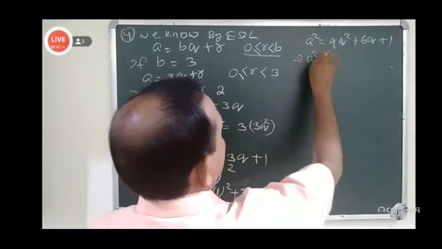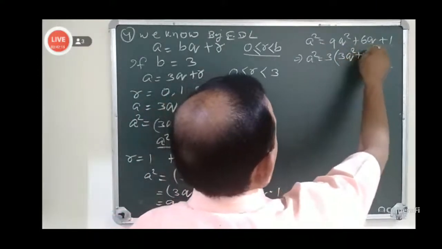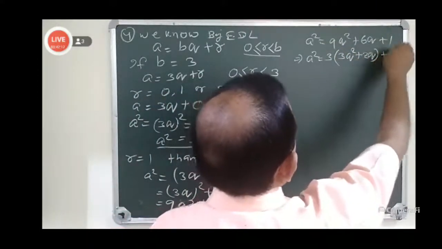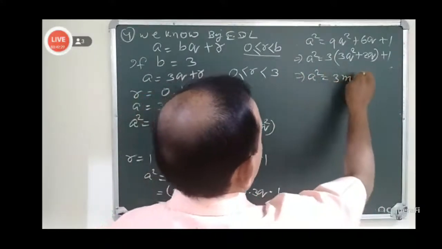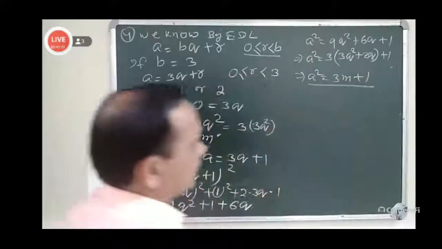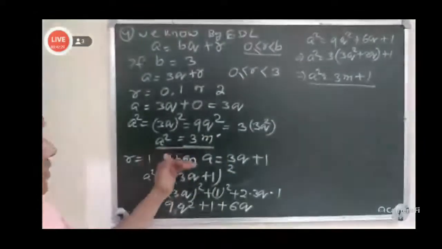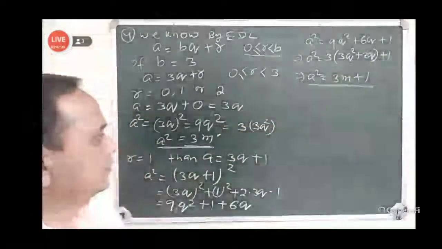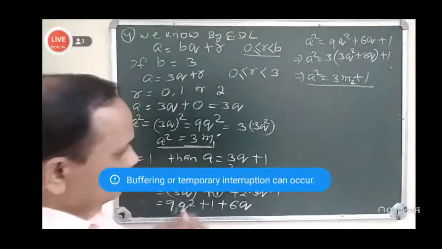This implies a squared equals 3 into (3q squared plus 2q) plus 1. This implies a squared equals 3m plus 1. This is the second form. The first is a squared equals 3m, and the other is 3m plus 1.